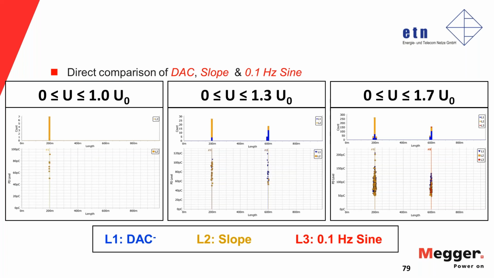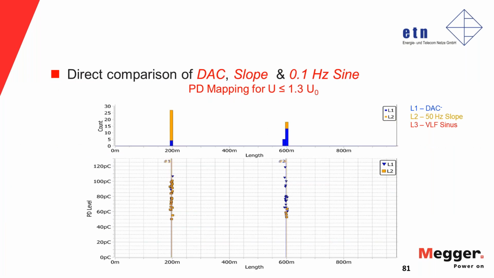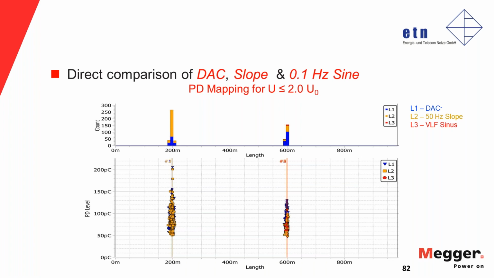You can see up to operating voltage, slope and damped AC see something, and even at 1.3 times, sinusoidal is silent, and only later at higher voltage does it start to pick up. So here's the PD mapping again. The slope catches it first at operating voltage already. The damped AC follows in a similar pattern, similar clouds and magnitude, and then the sinus follows.